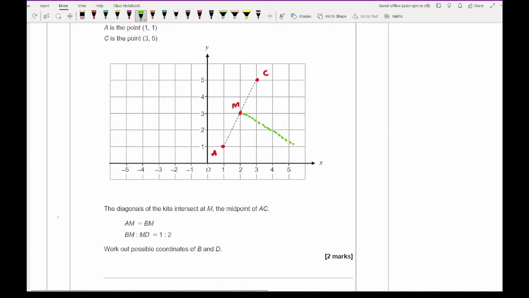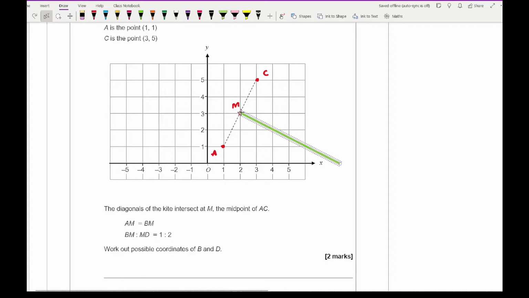Actually, let me do that a little bit more properly with a straight line. So let me draw a line that's perpendicular, and let me try and get that as accurate as possible.